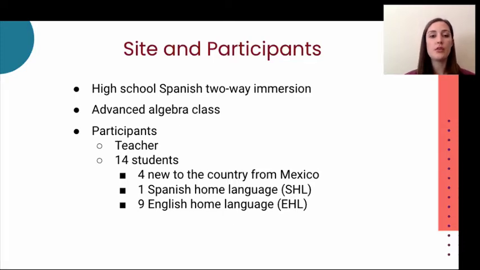So without these new to the country students, this class would actually only have one minority language speaker. It does barely meet the threshold for minority language speakers. The reason is that this class, because it's an advanced algebra class, draws from many different grade levels. So that might be one reason for having so many more English home language speakers than Spanish home language speakers in this class.